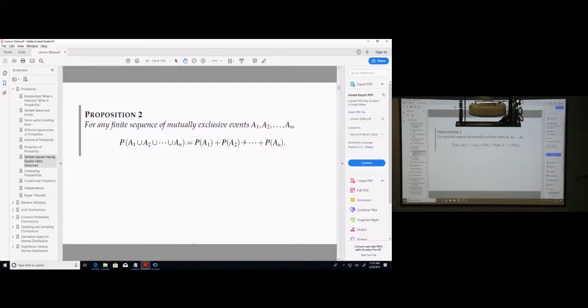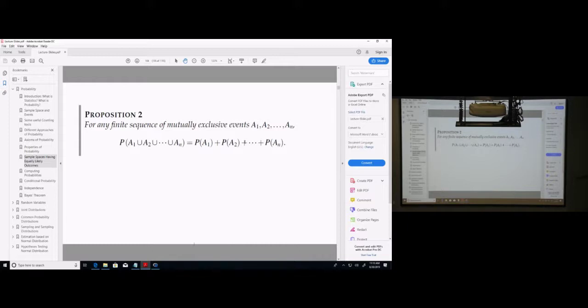This is what we call finite union. All right. So I only have a finite number of them, whereas axiom 3 is saying that I have a countably infinite sequence of events. So proposition 2 differs from axiom 3 in that proposition 2 says that our rule number 3 implies finite union is still okay.